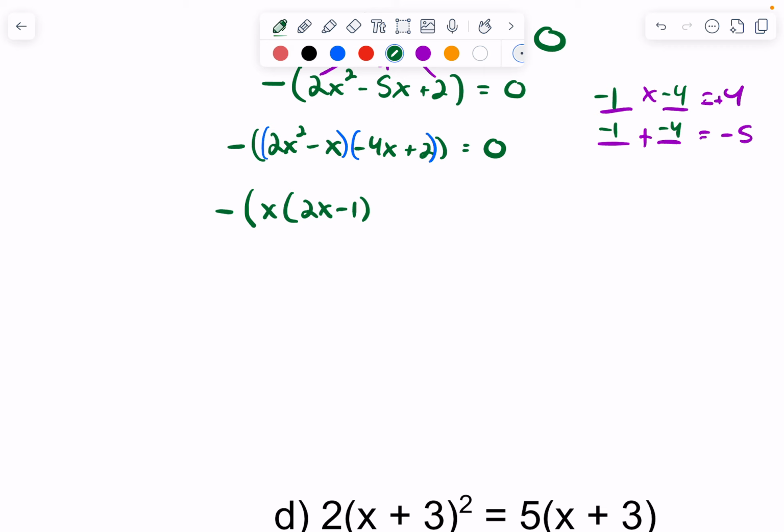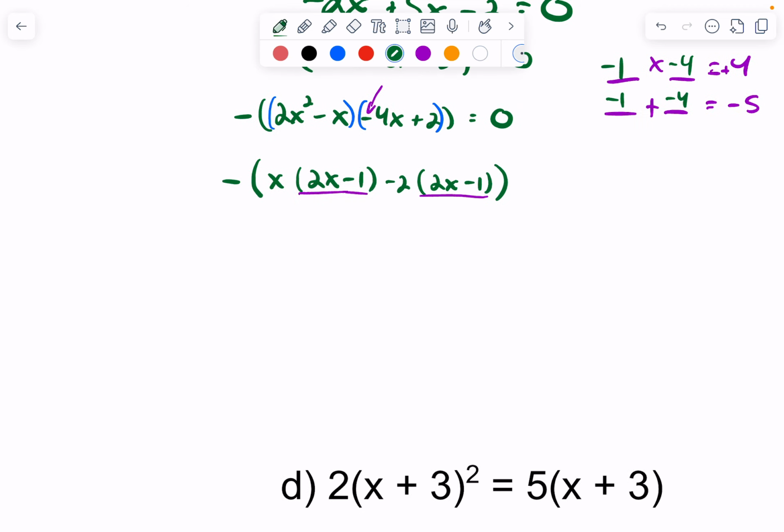And on the second bracket, minus 4x plus 2, we can pull out, in this case, minus 2, because I want to get rid of this negative in front right here, because there's no negative here. So I will pull out a minus 2, and that would leave me with 2x minus 1. And again, the goal is to get these brackets to be the same, which they are. So we have it in factored form, which is everything on the outside, x minus 2, and everything that was common, 2x minus 1.